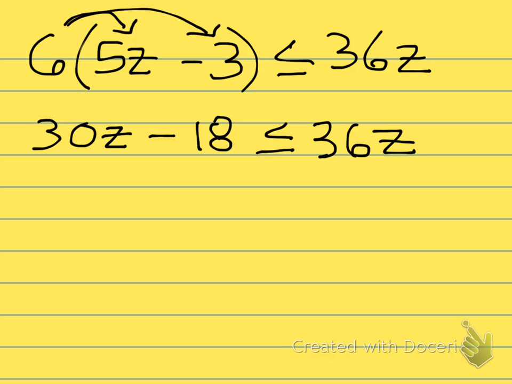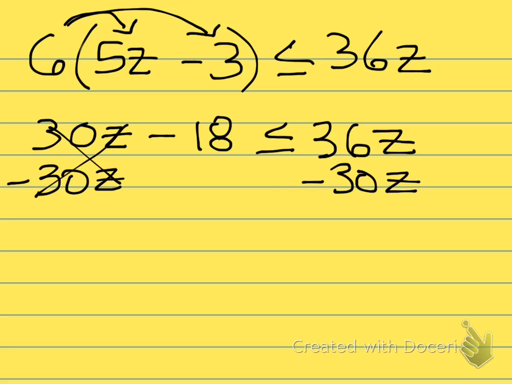Since I don't want to take the 36z away and have nothing left on the right side, I'm going to take the 30z and bring it over to the 36z. And I need to bring it over by subtracting. Bring down negative 18. And I'm left with 6z.